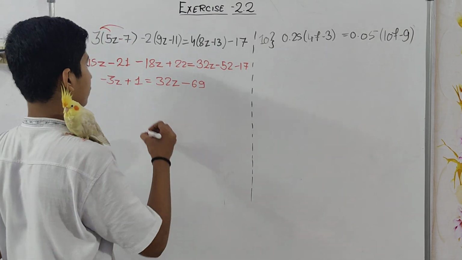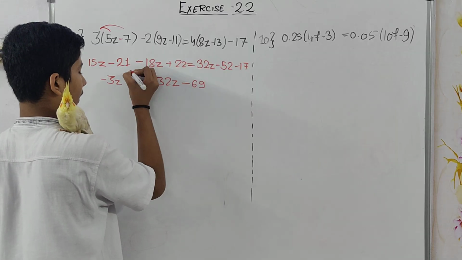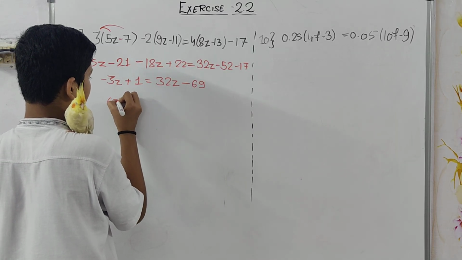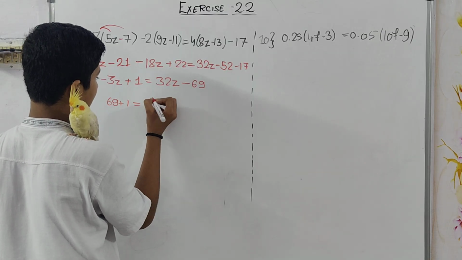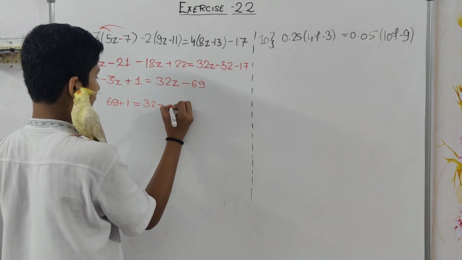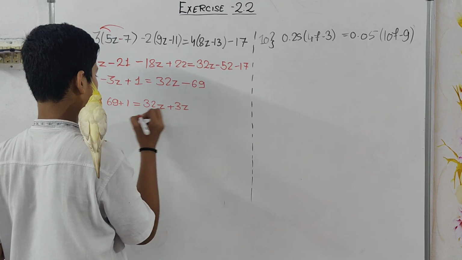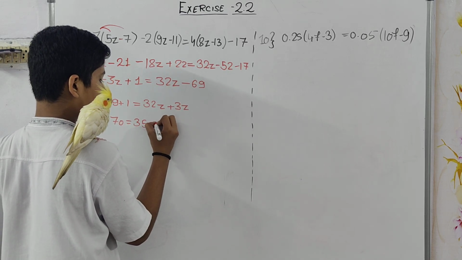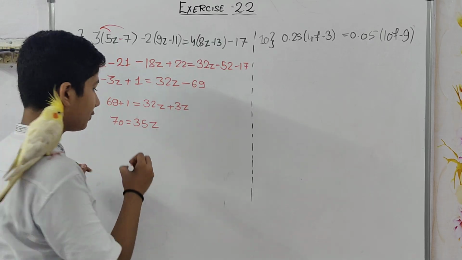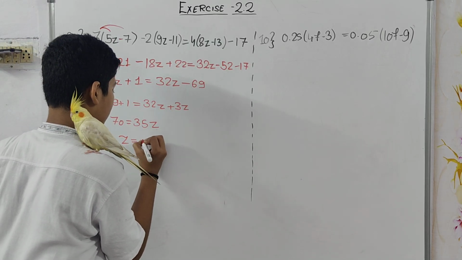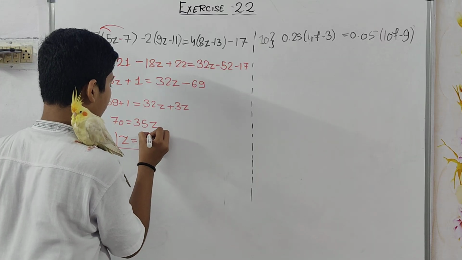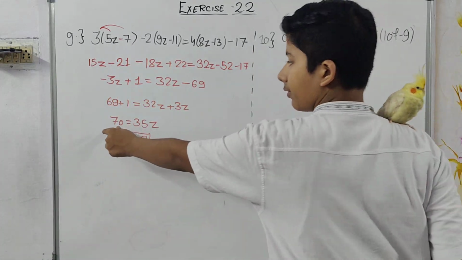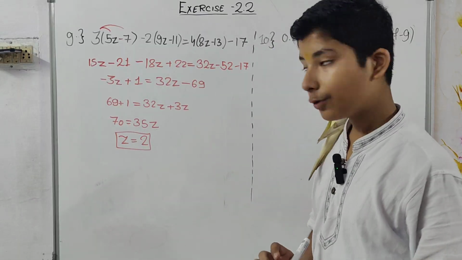Okay. Now we send this side, this that. So 69 plus 1 will be equal to 32z plus 3z. So 70 equals 35z. Now you might have understood z will be 2 because 35 twice is 70. So 70 by 35 will be 2.